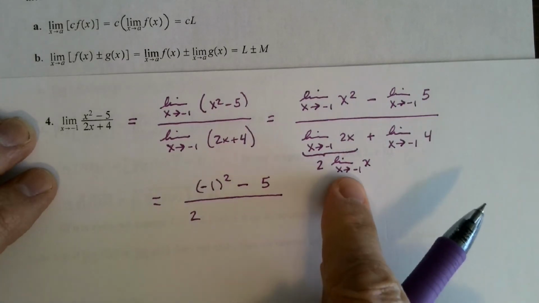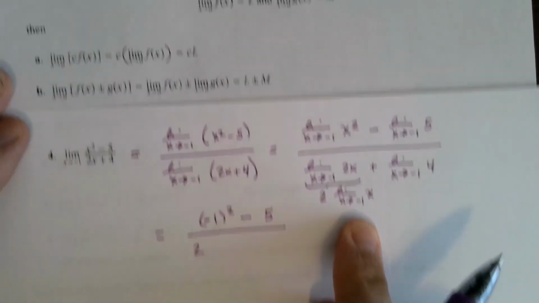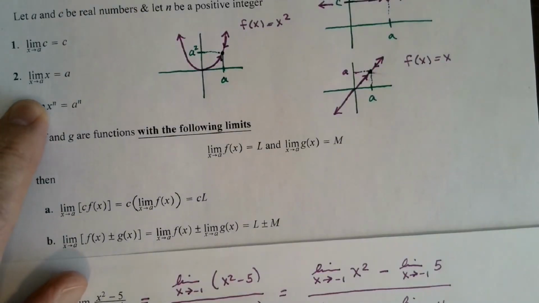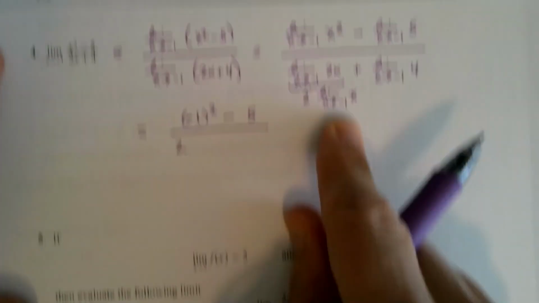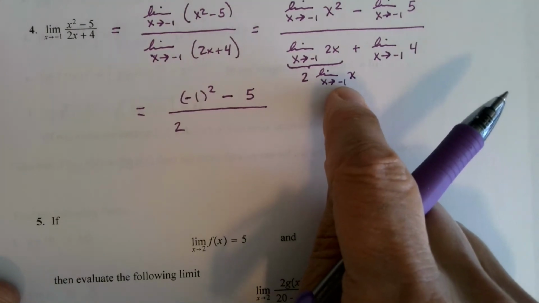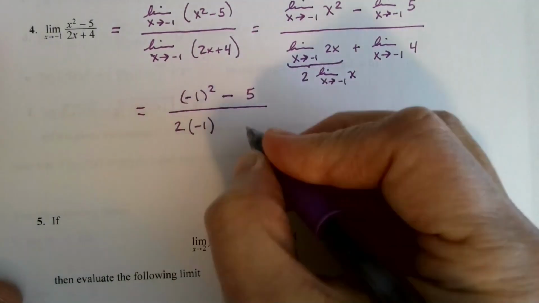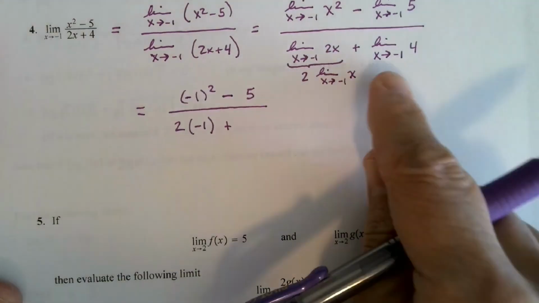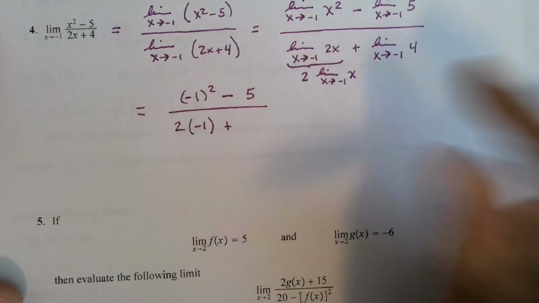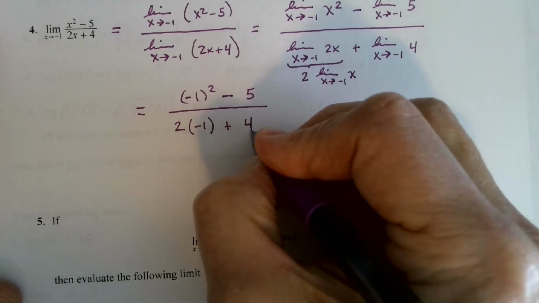What's the limit as x approaches -1 of x? Well, by property 2 right here, as x approaches a, the limit of x is just equal to a, basically replacing x with -1. Plus, what's the limit as x approaches -1 of 4? Constant rule again, that's just 4.